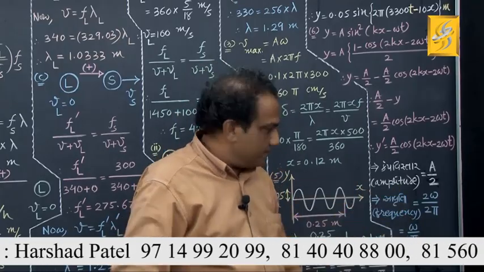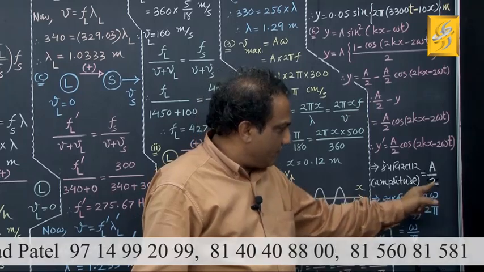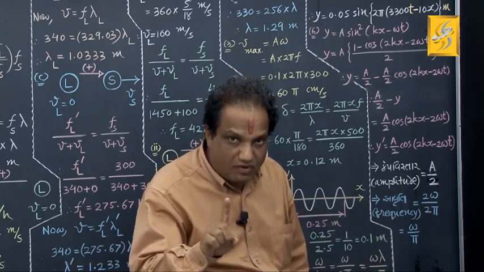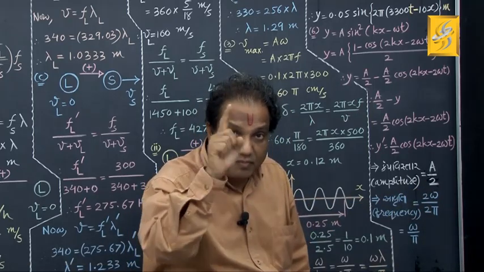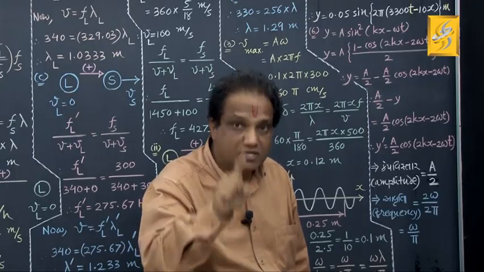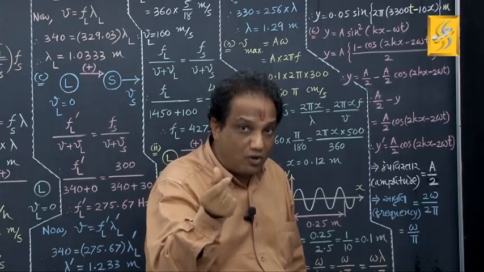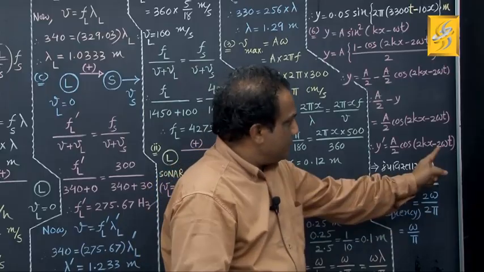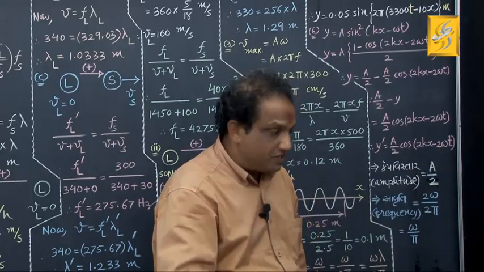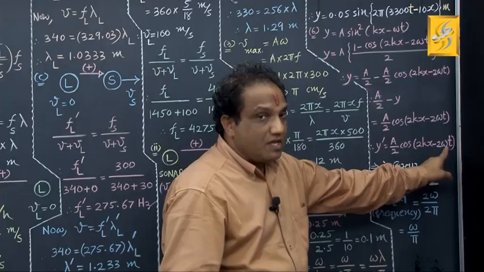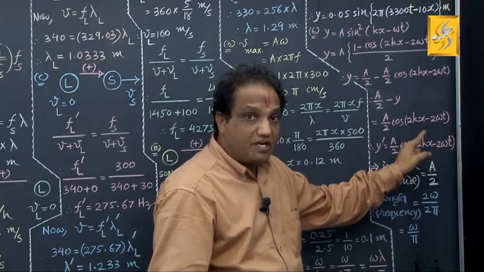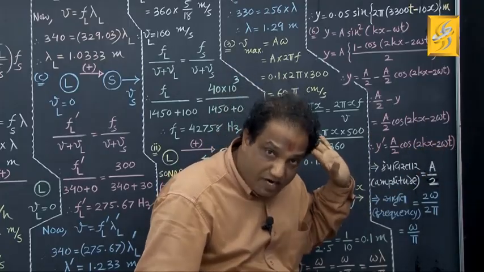What about frequency? Frequency is nothing but angular frequency divided by 2 pi. Don't you know the formula? Omega equals 2 pi f. So what is f? Omega upon 2 pi. Speak out in words: angular frequency upon 2 pi. But what is the angular frequency here? It is the coefficient of time in the bracketed part of the periodic function in the expression of displacement.